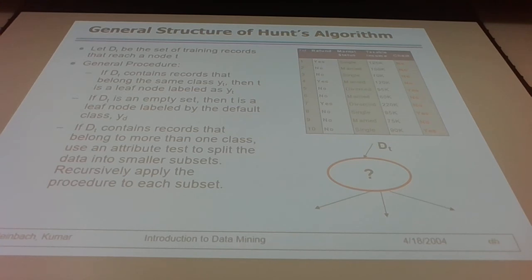If Dt is an empty set, then t is a leaf node labeled by the default class yd. Dt can be empty. And if Dt contains records that belong to more than one class, use an attribute test to split the data into smaller subsets. So now you have to do an attribute test, and that is the most difficult part. What attribute do we choose next? You have to choose one attribute that divides the data. One metric can be impurity.